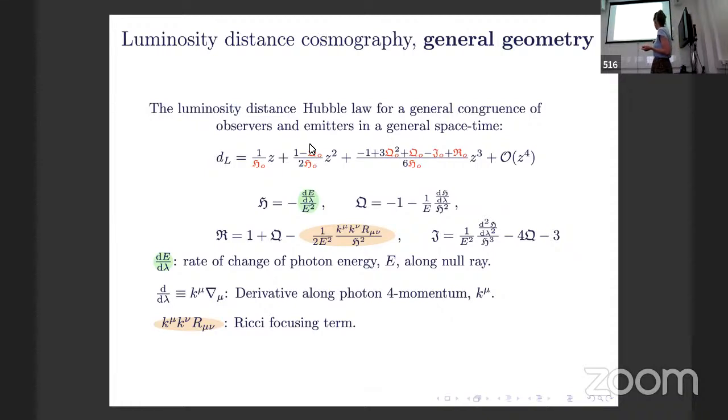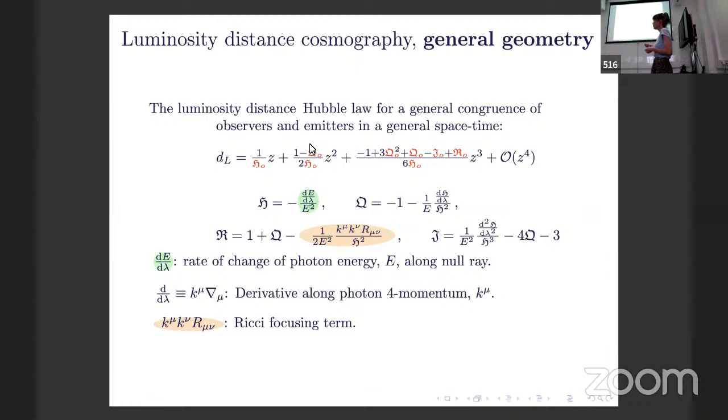And we also have an effective jerk parameter that's given as the second derivative of the effective Hubble parameter along the photon null ray. So this is a very compact way of writing the effective cosmological parameters that replace the FLRW parameters.